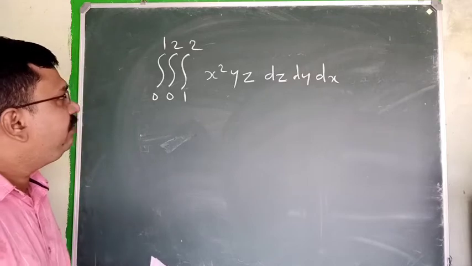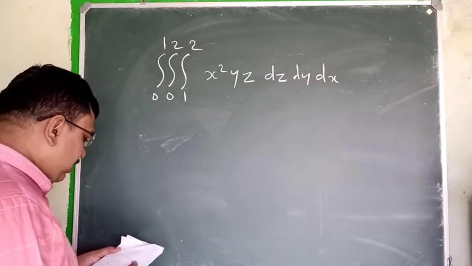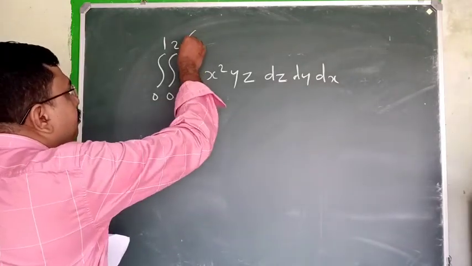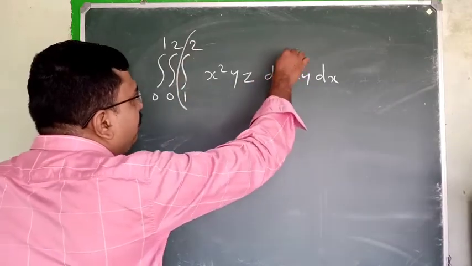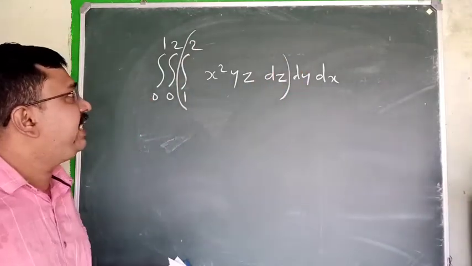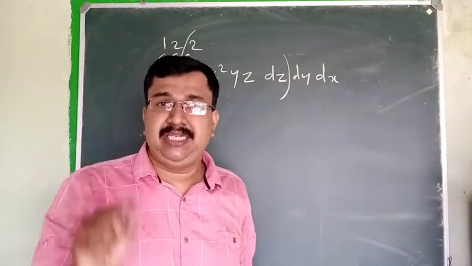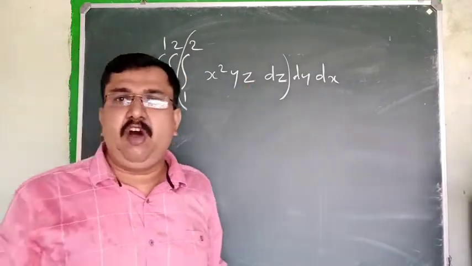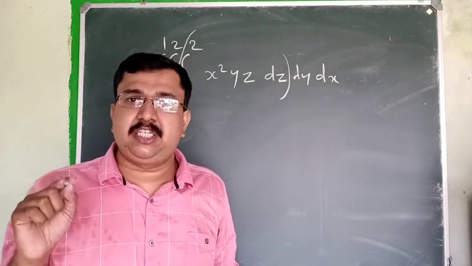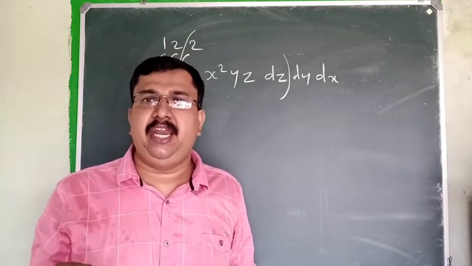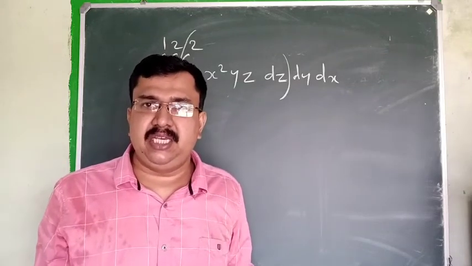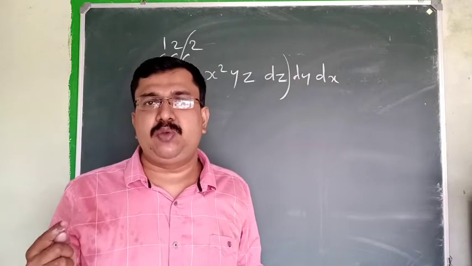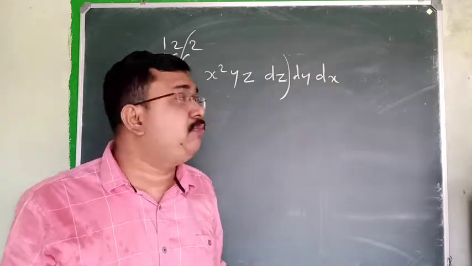First we integrate with respect to z. Here the function is z, and we know that the integral of z is z square by 2. We know that the integral of x raised to n dx is x raised to n plus 1 divided by n plus 1. Same model.